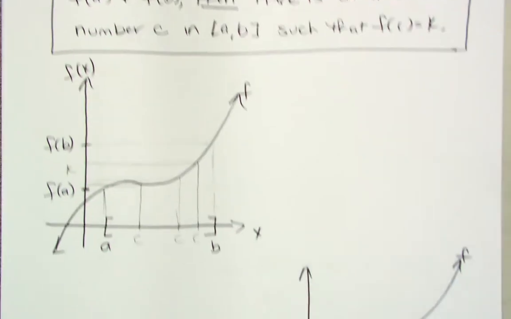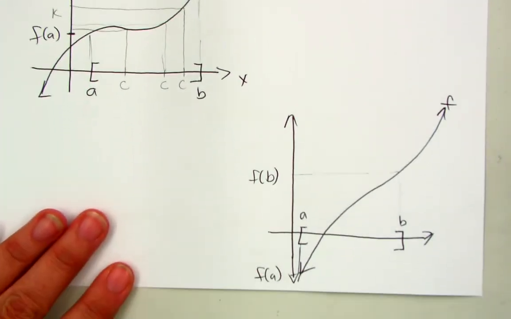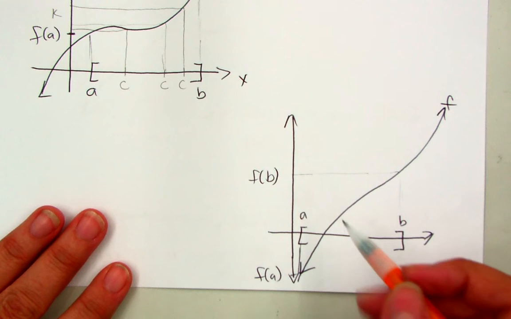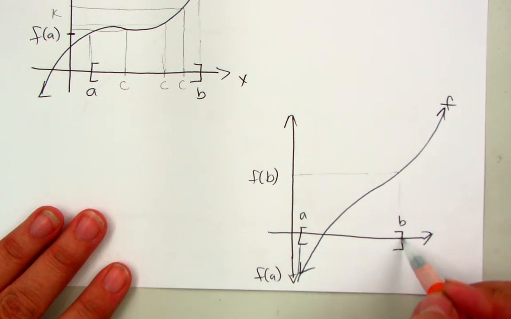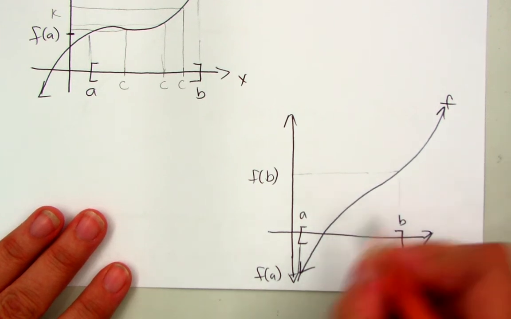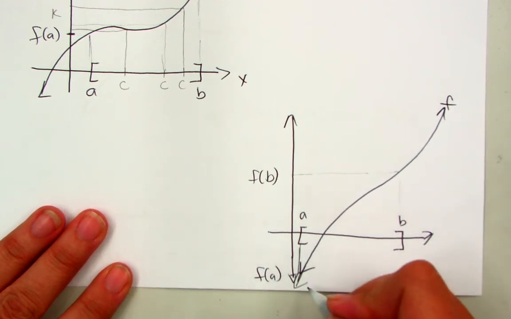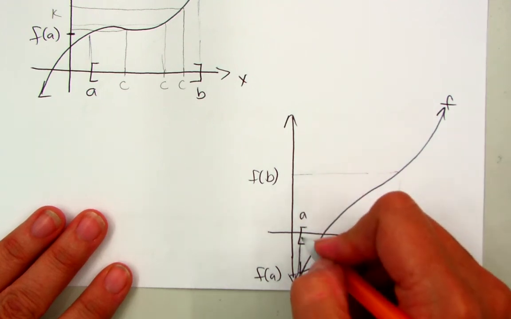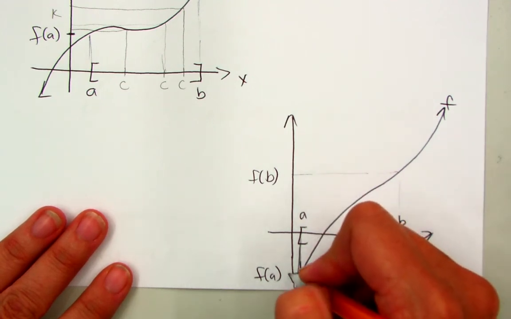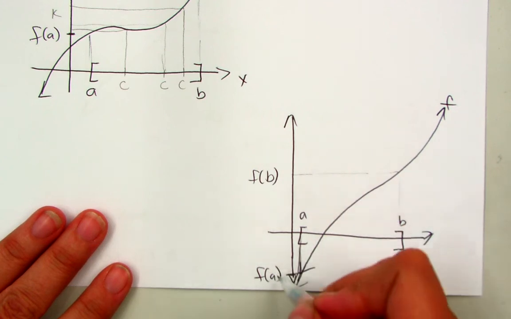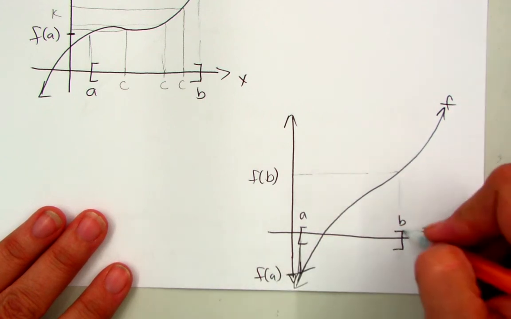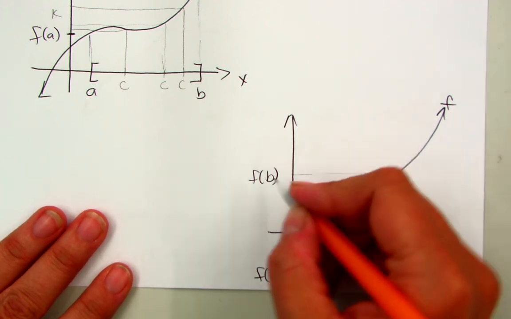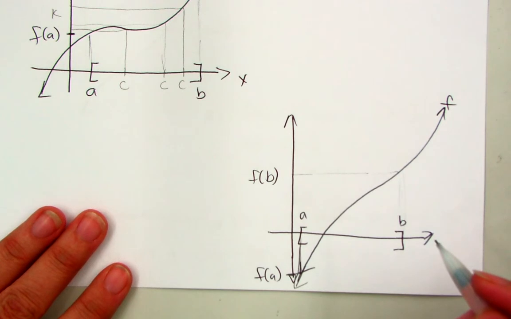Let's look at one more graph. Here's another function. On the closed interval from A to B, that function is continuous. And what I did is I drew the outputs. I went down and I touched the graph. So here's the output for f of A, maybe that's like a -5. And over here, maybe this is a +5.